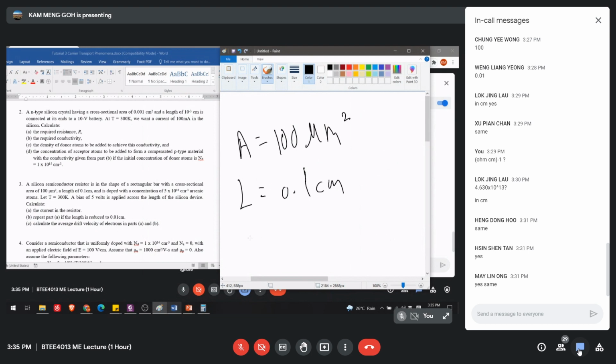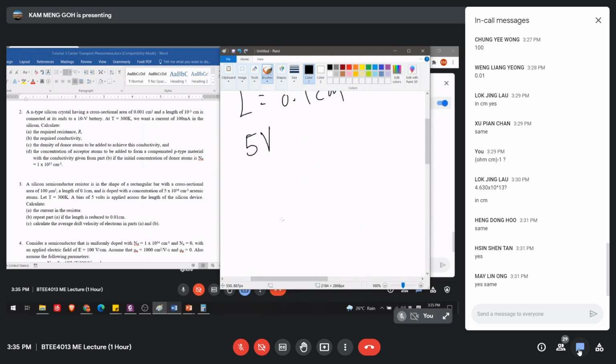It is doped with a concentration of gallium arsenide atoms, and a bias of 5 V is across the silicon. Calculate with T equal to 300. 5 volt is given. We assume this one is either ND or NA, we still don't know yet. 10 to the power 16 per cm cubed. Then calculate the current in the resistor.